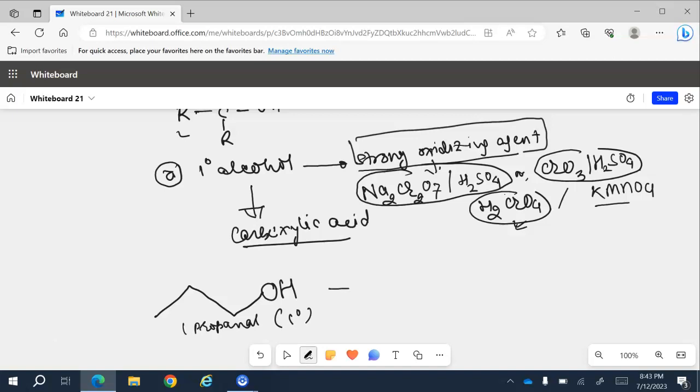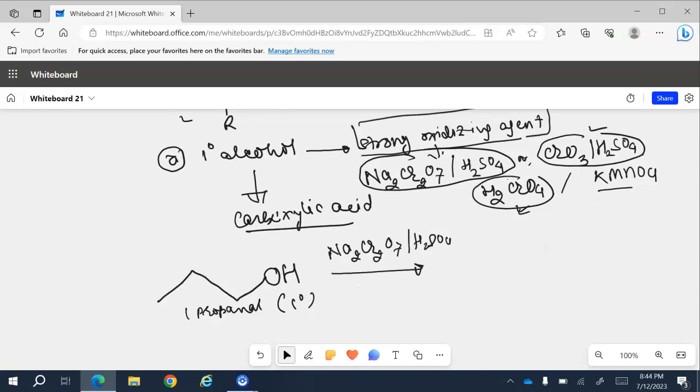If we oxidize this by using any of these strong oxidizing agents, for example Na2Cr2O7 in sulfuric acid, or potassium dichromate in sulfuric acid, or any other, then it will undergo oxidation to give carboxylic acid.